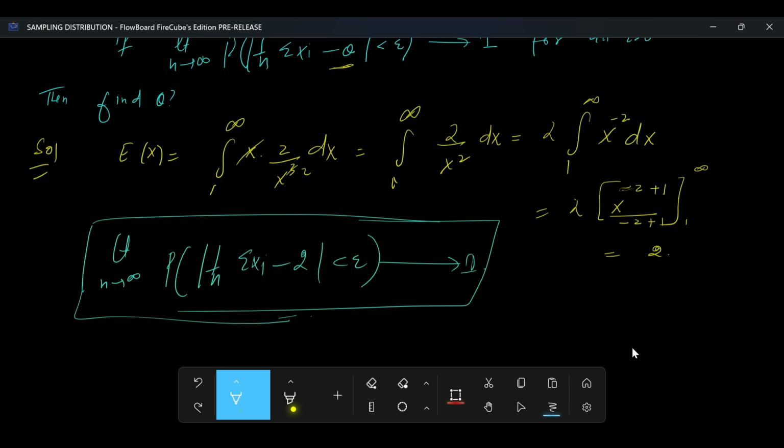So that's the convergence in distribution. So this was all about the two convergences, that's convergence in probability and convergence in distribution. In the next lecture we will see almost sure convergence and convergence in mean, plus we are going to see the weak law of large numbers and the central limit theorem.